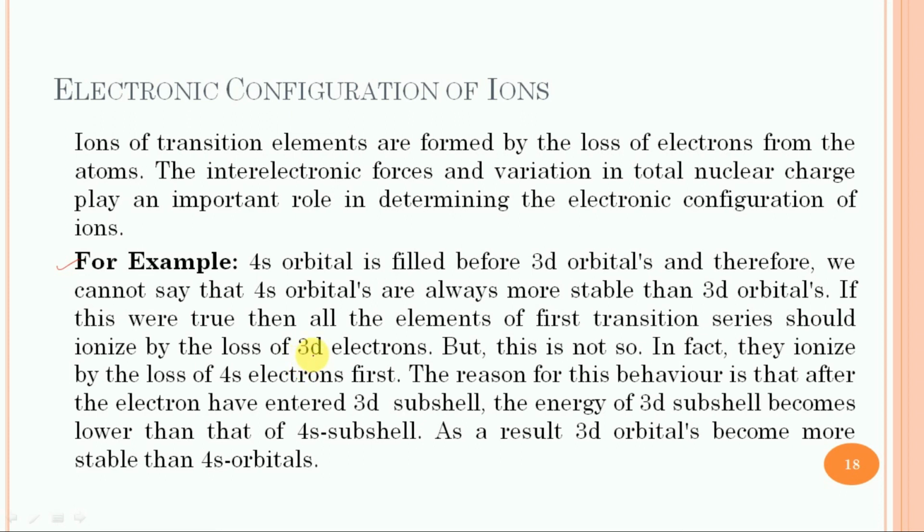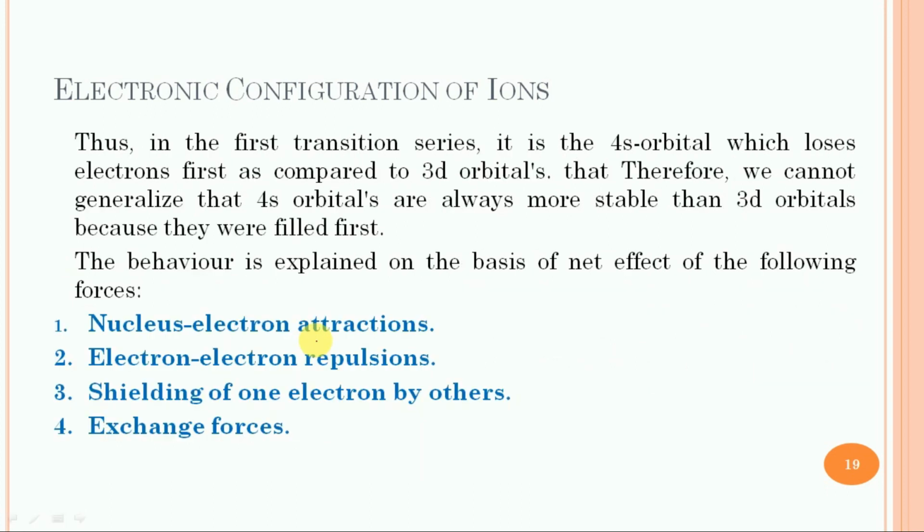Therefore, we cannot generalize that 4s orbitals are always more stable than 3d orbitals because they are filled first. The actual behavior is explained on the basis of the net effect of the following forces.